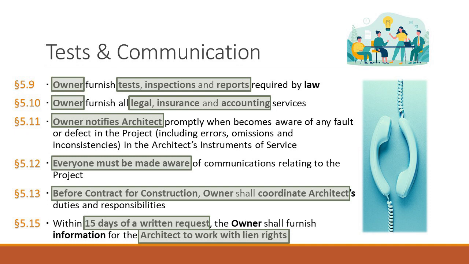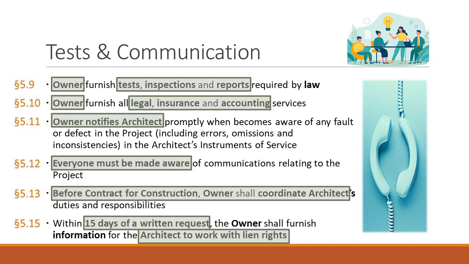A mechanic's lien is a right that is created under the law, in construction and property projects only, to allow a third party to assert what's called a lien, a place of encumbrance on the title, in order to get paid for its work. Think about it this way.